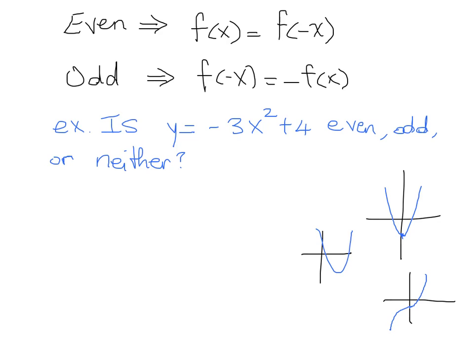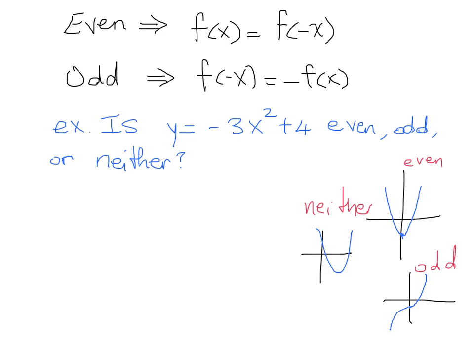So again, just making sure we get this: this is even, this is odd, and this one is neither. But sometimes questions want you to do it algebraically, so that's what I really want to talk about now.